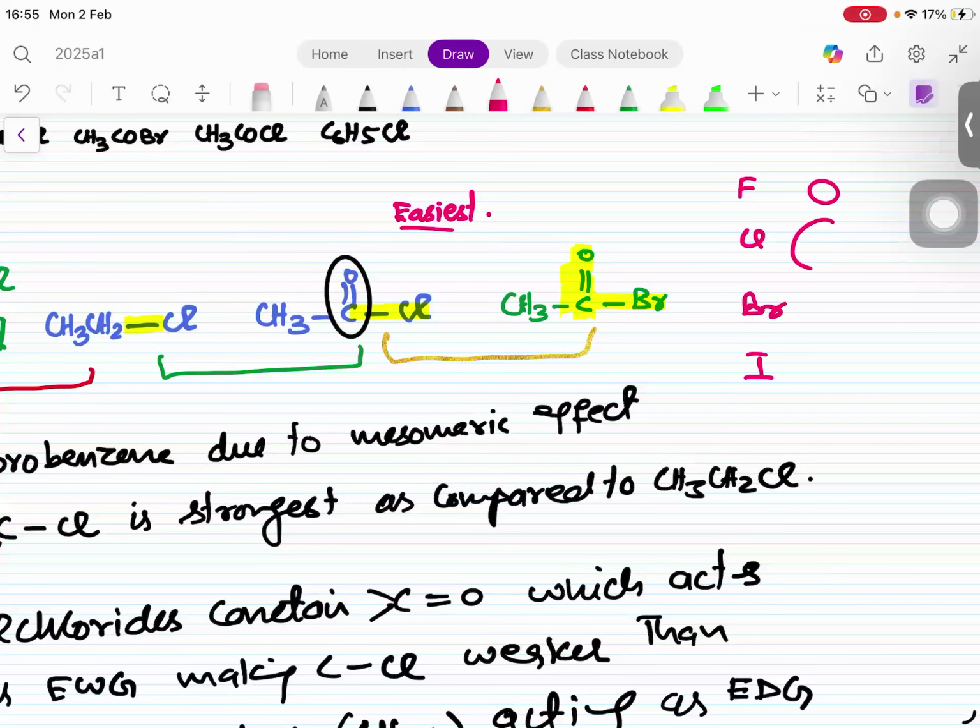If you go down the group, the atomic radius, what happens? Increases. When atomic radius increases, the bond length, what happens to bond length? Yes, so C-Br bond length is more than C-Cl. And when bond length increases, the bond strength decreases. So C-Br has a more bond length as compared to C-Cl. So weaker bond C-Br. So it is easy to hydrolyze, right?